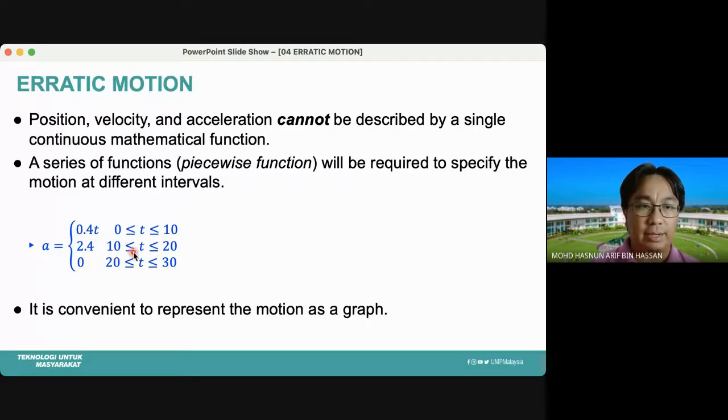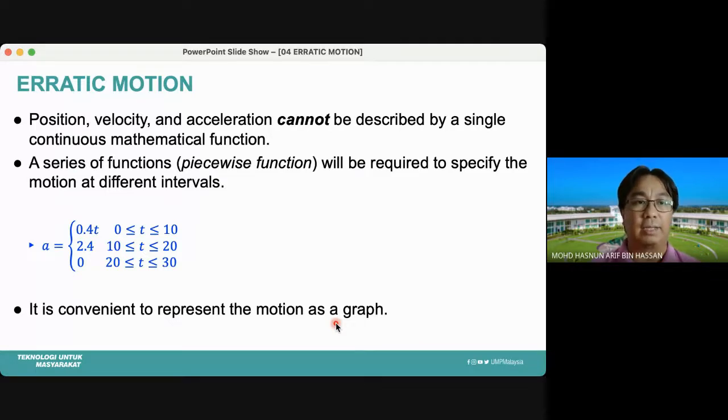When t is 10 until 20, a is 2.4. When t is 20 until 30, a is 0. Okay, so because of this nature, because of the multiple functions, throughout the motion there are multiple phases, it is more convenient to represent the motion in form of graph.